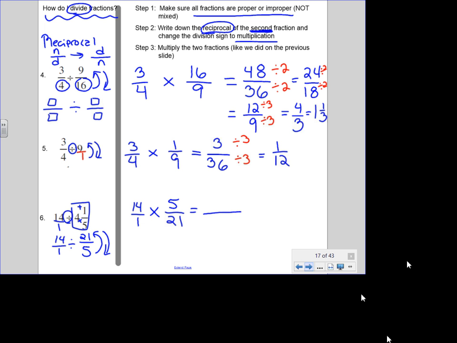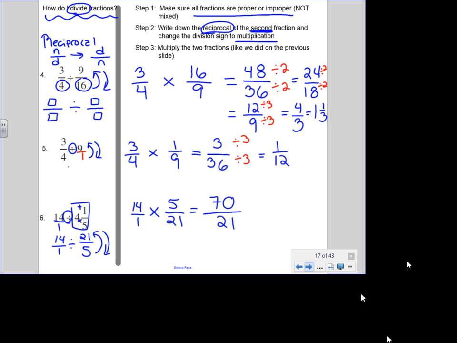So 5 times 14, I'm thinking about doing 5 times 4, which is 20, and then 5 times 1, which is 5, I carry the 2, that's 70. In your denominator, you have 1 times 21. Okay? Now I know 21 is divisible by 3 and 7, and look at that, 70 is also divisible by 7.